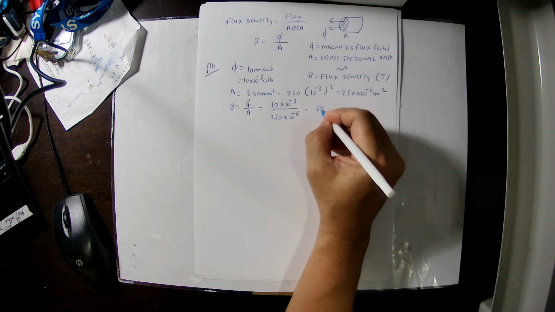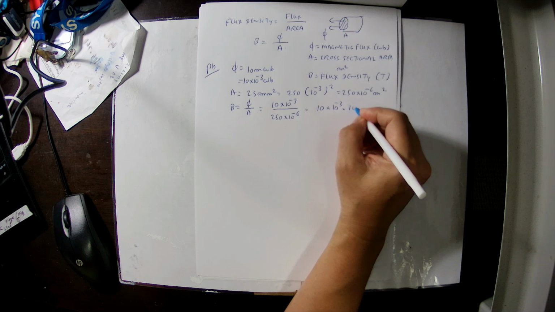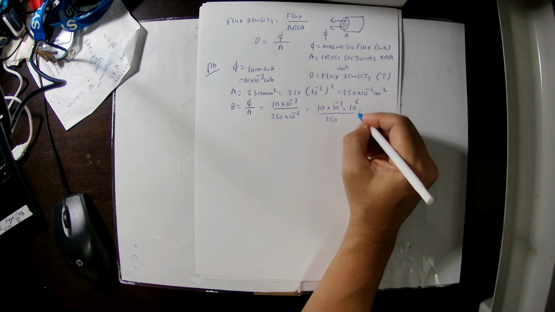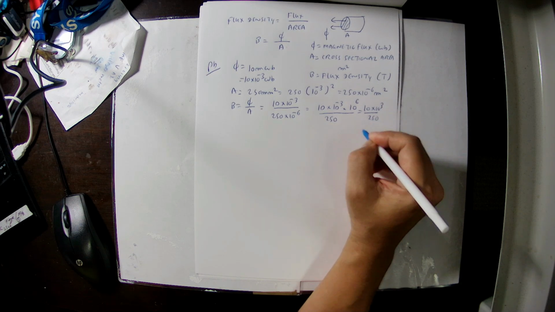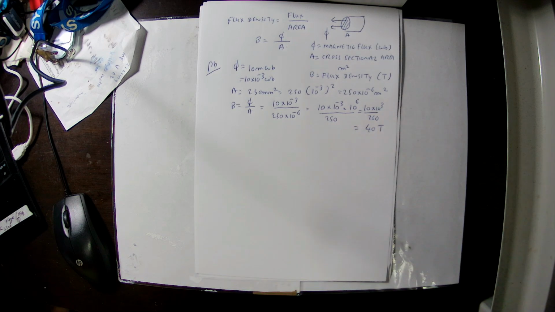Therefore the 10 power minus 6 goes to the numerator. So this is 10 multiplied by 10 power 3 divided by 250. So we got 40 Tesla. The answer is 40 Tesla.